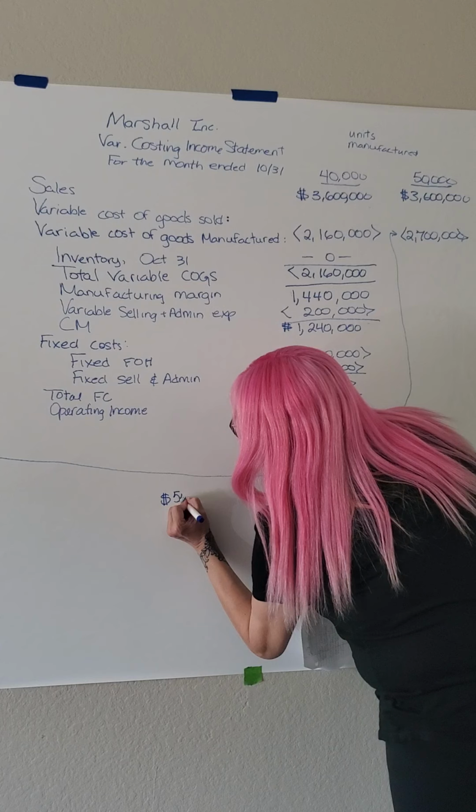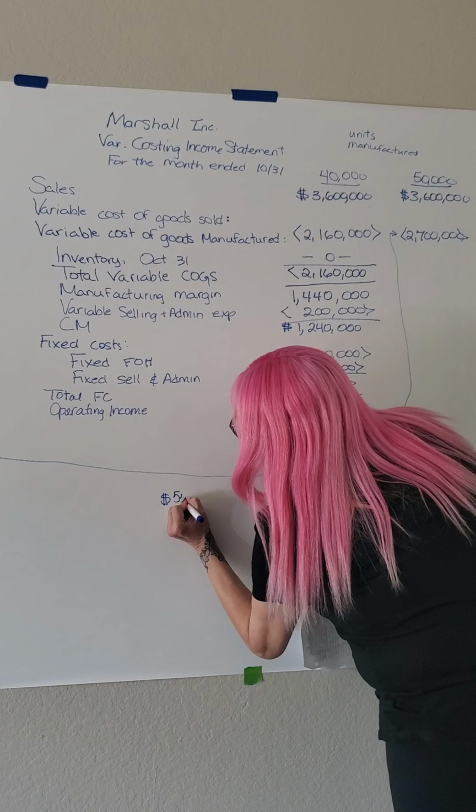So we've got that. They told us that our total selling and administrative expenses wouldn't change. And of course that makes sense, right? Because we only sold 40,000 units. So it's not like our selling and administrative expenses would go up any. So that's going to give us operating income at 50,000 units manufactured of $1,069,000. And you can see here, the only change is that we produced more items, but we didn't sell any more items.